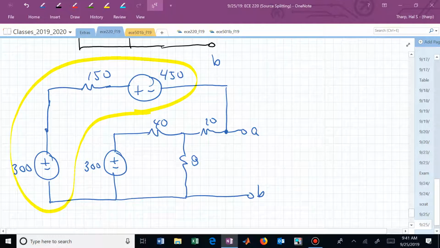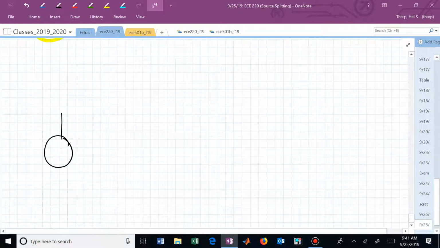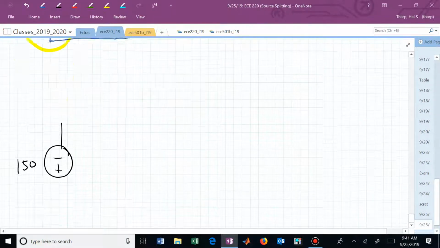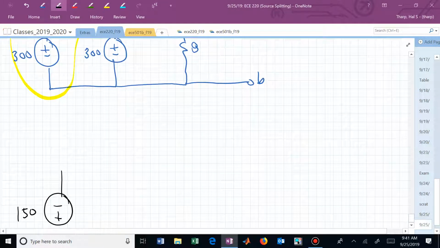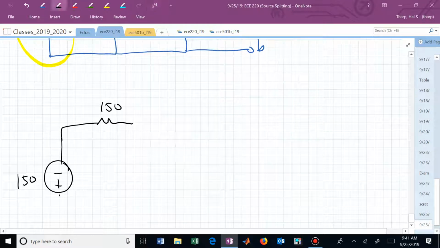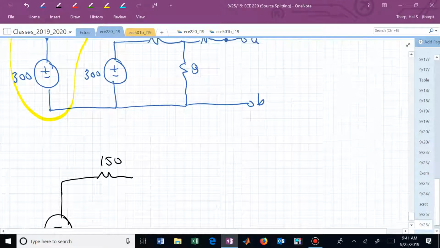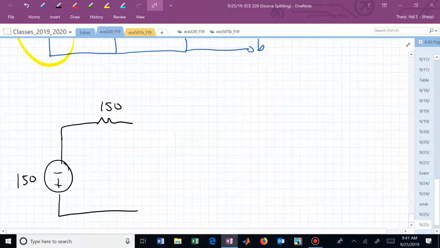The negative is bigger, so now I can change this to minus plus 150, and I still have that 150 ohm resistor. And I'm keeping the bottom circuit for now.